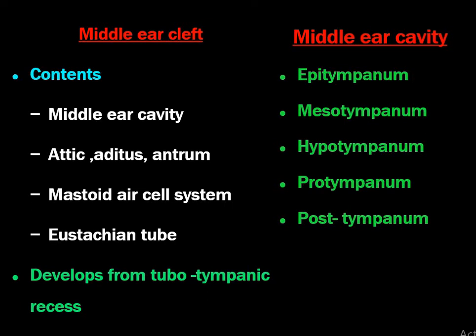All these regions are based on the appearance of the tympanic membrane from outside. The region above the tympanic membrane is called the epitympanum, the region in relation to the tympanic membrane is called the mesotympanum, and the region below the tympanic membrane is called the hypotympanum. Anterior to the tympanic membrane is called the protympanum, and posterior to the tympanic membrane is called the posttympanum.